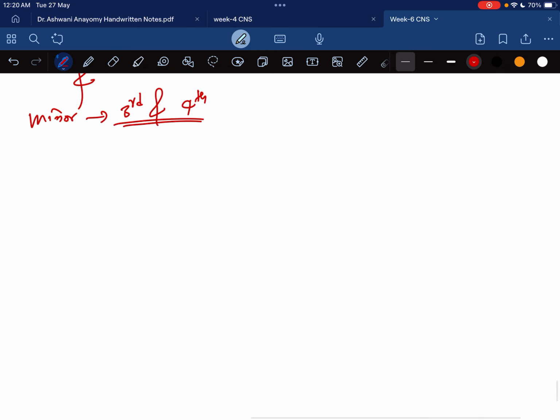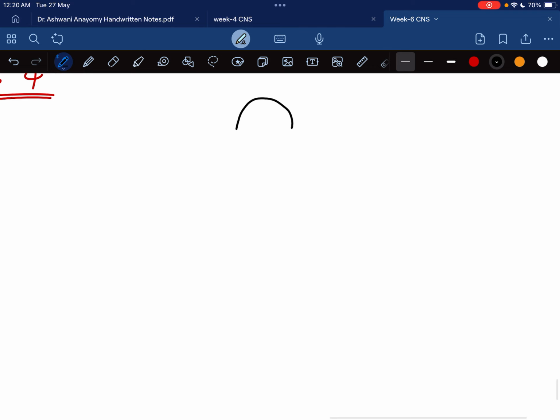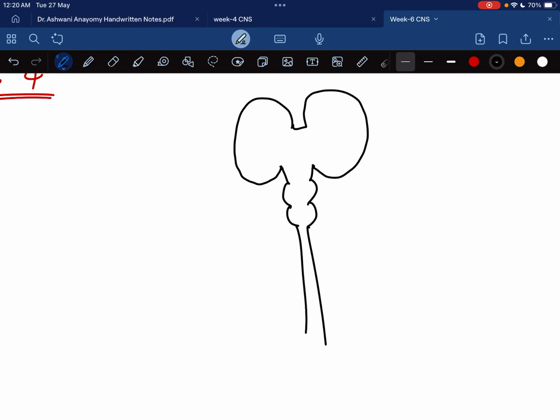First I am going to draw a rough diagram: two hemispheres, midbrain, pons, medulla, and spinal cord.